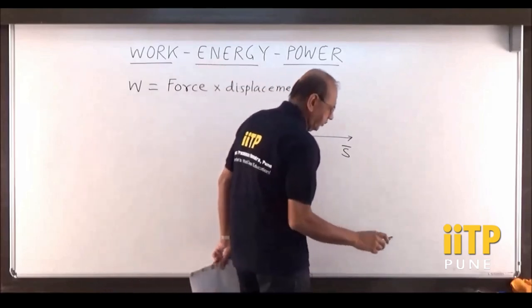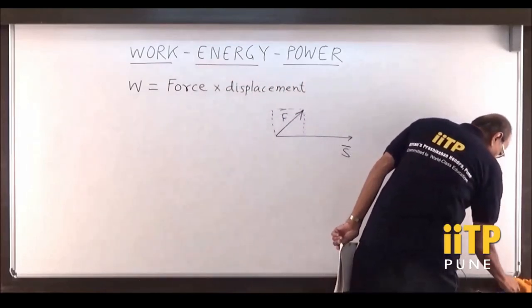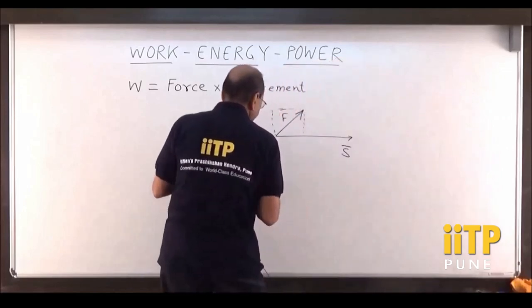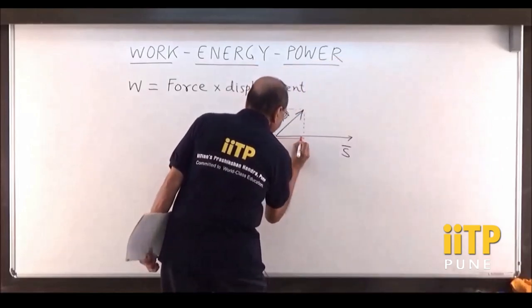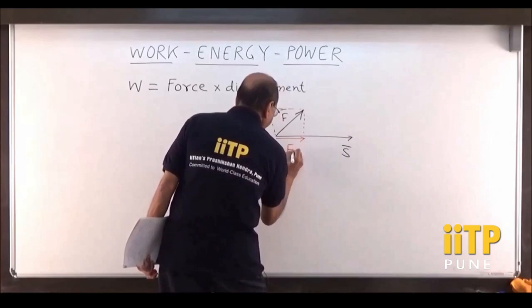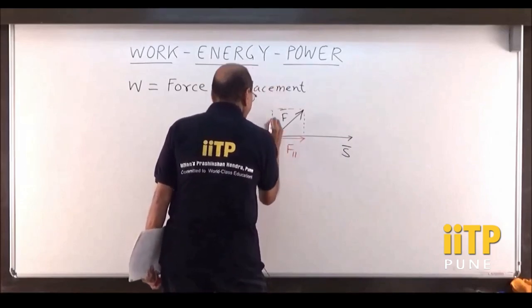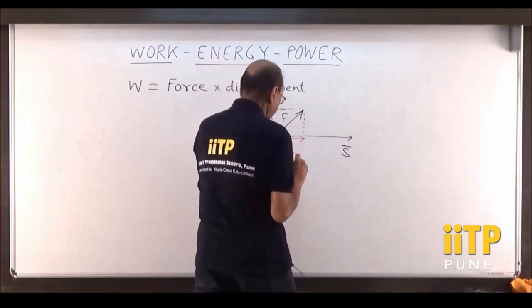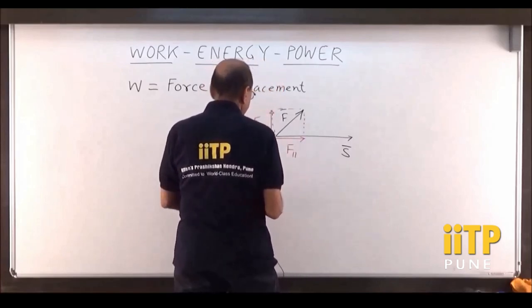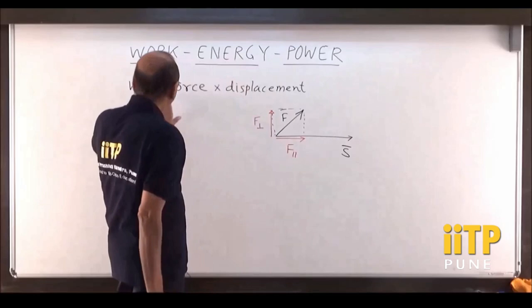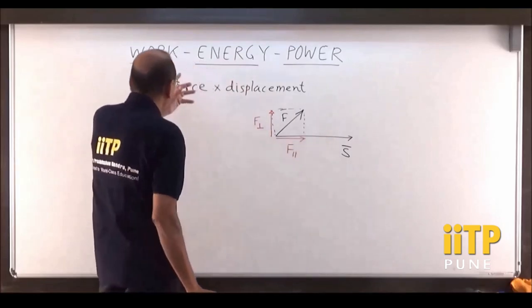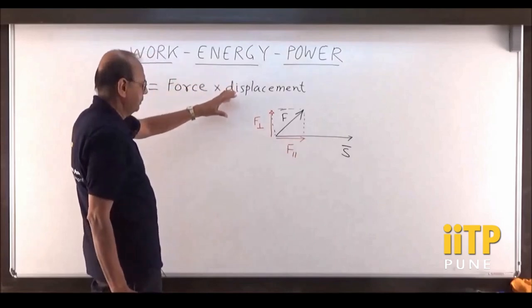So I will draw the two components of force and say this is force parallel to displacement and this is force perpendicular to displacement, and therefore my work done is this force into the displacement, the component of force along the displacement.